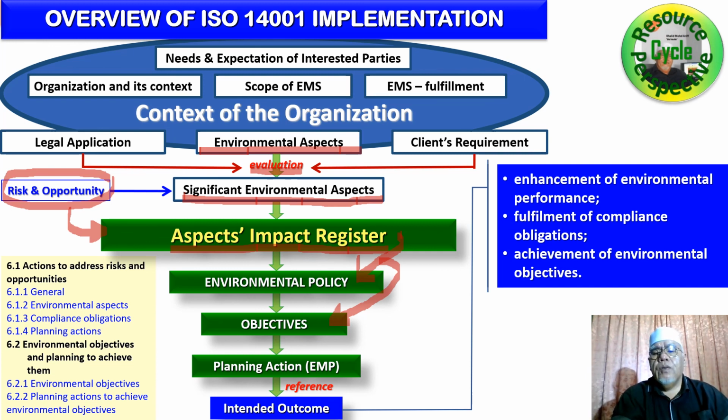And then once you've got your objectives and target, what we do is we devise or promulgate our environmental management program. What to do, who do what, when, how, resources, could be finance, could be monetary, could be reward, could be investment in equipment, etc. Right?